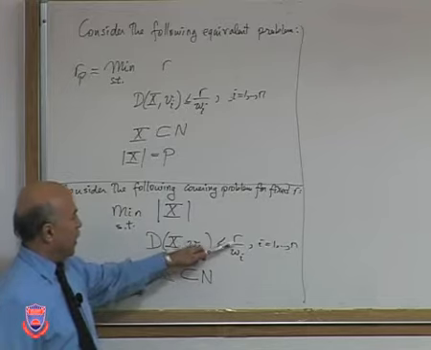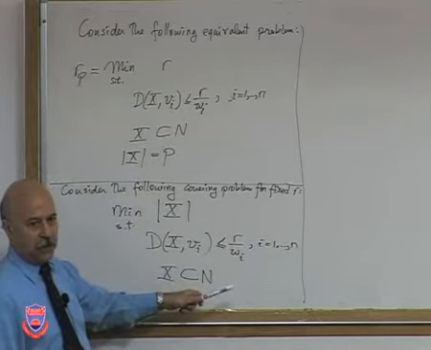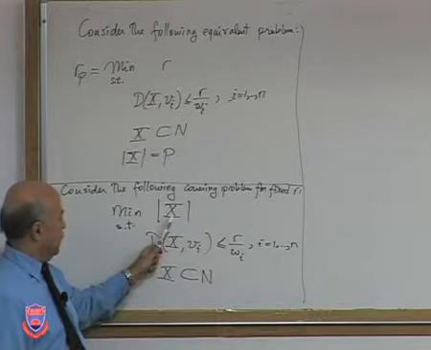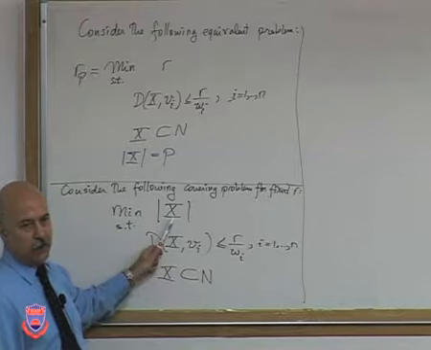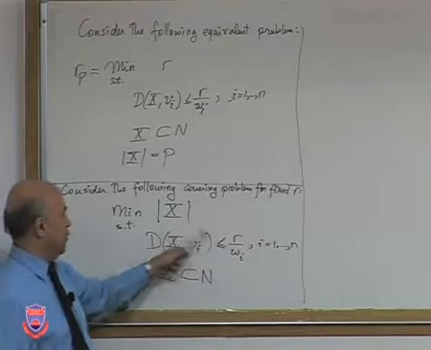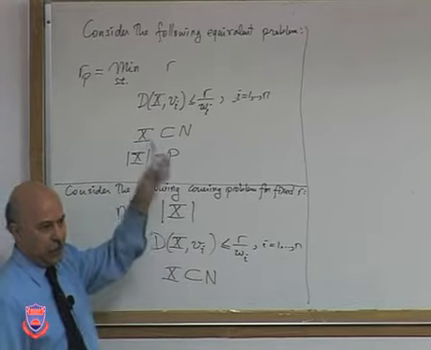If your R happens to be larger than RP, you would expect a minimum cardinality solution of P or fewer points. If it is too large, in fact, maybe you can do the entire job by picking a single point.